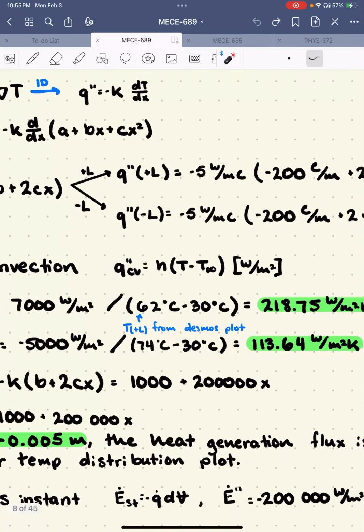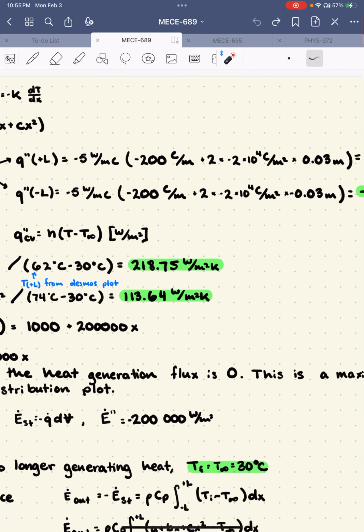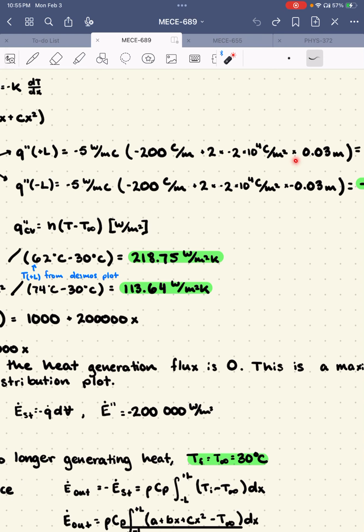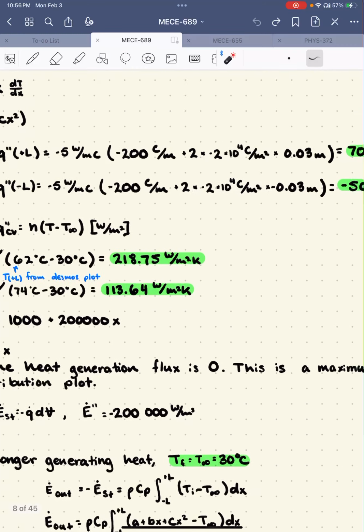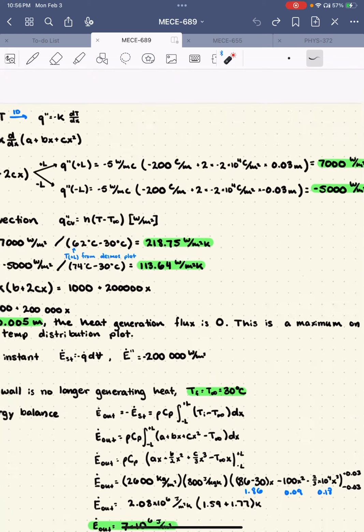And now we're going to solve for this at each boundary condition, so at plus L and at minus L. Plugging all these variables in with 0.03 meters for plus L and negative 0.03 meters for minus L, we get 7,000 watts per meter squared and minus 5,000 watts per meter squared, respectively.